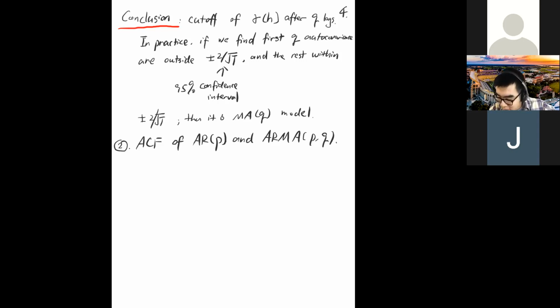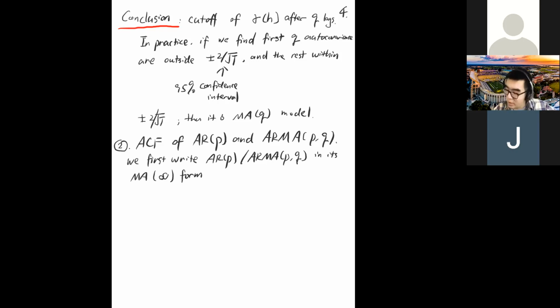We first write the AR(P) or ARMA(P,Q) in its MA representation. Why can we do this? Because we assume our ARMA model is a causal model. So that means we can have an MA infinite representation.